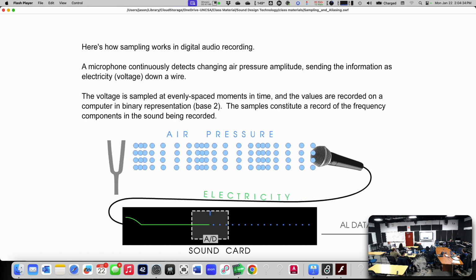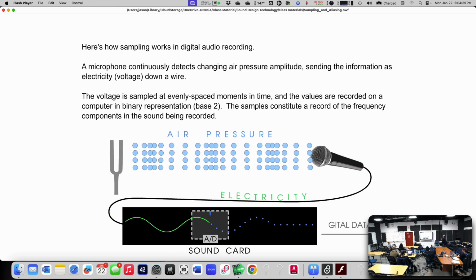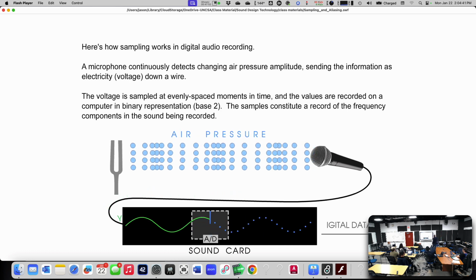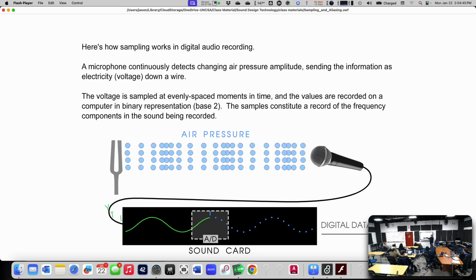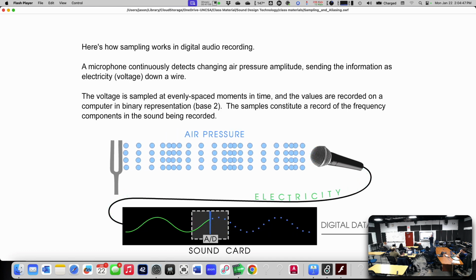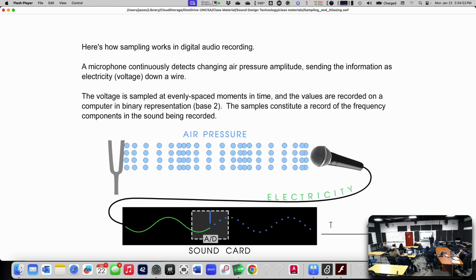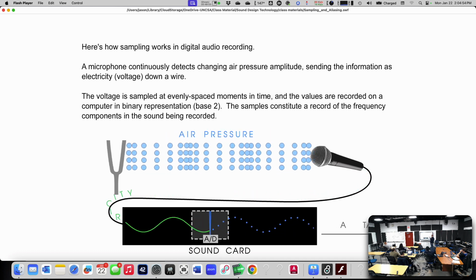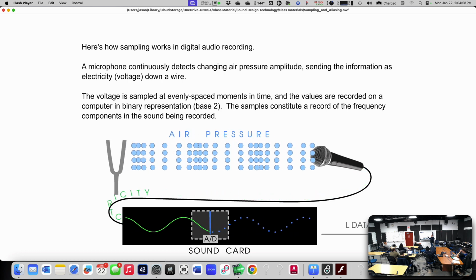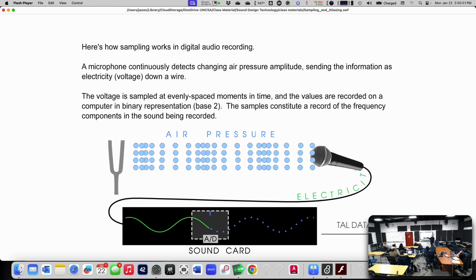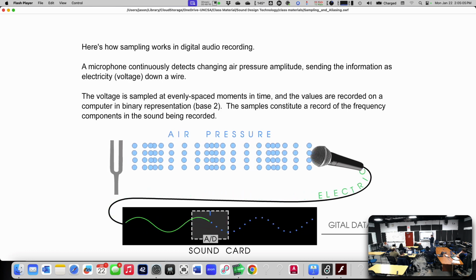So here's what happens. We know about the air thing. Okay, we've learned about that before, where you make sound because you squish air together and stretch it apart. You do that fast enough, it starts to move your ears, and that is sound. And we know that you can use a microphone to capture that change of air pressure amplitude and encode it into an electrical signal, which is what's happening here.